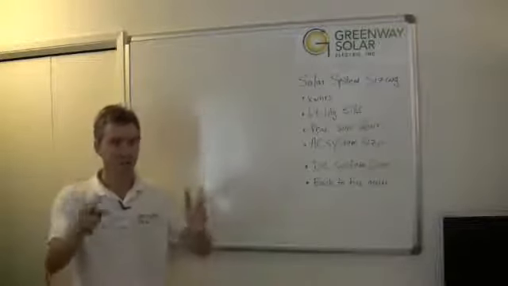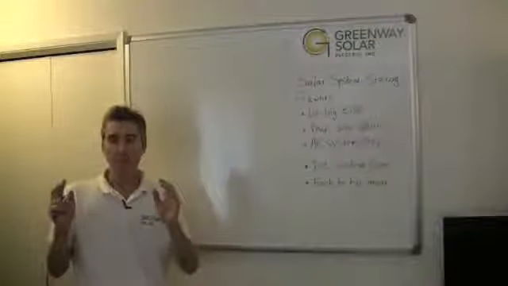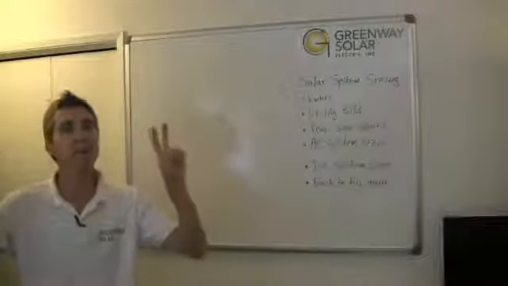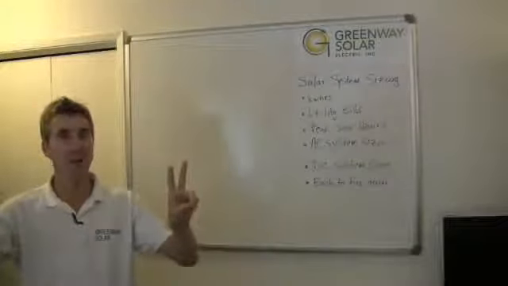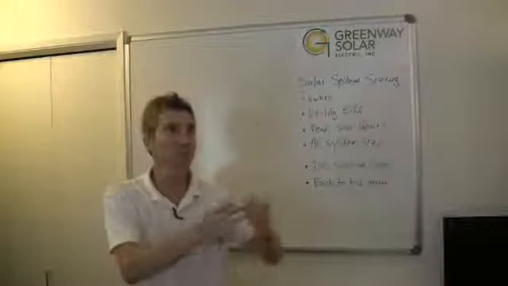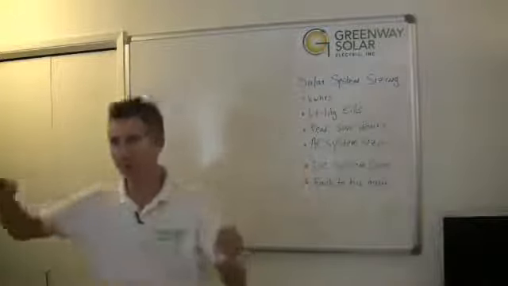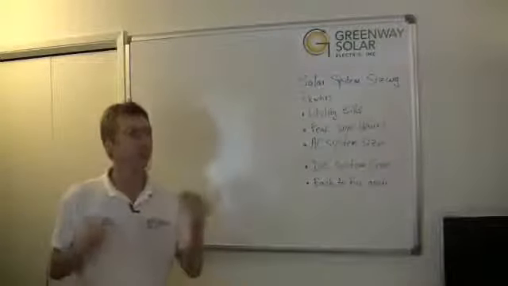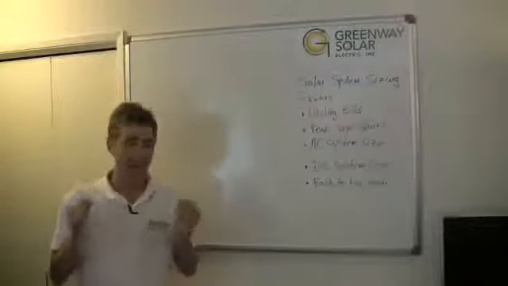So, I'll cut to the chase on this. In the coastal area, you get about 5 peak sun hours a day for production of power. Now, a solar system, you're going to be producing early in the morning and late in the afternoon, like in the summer. But on average, you get about 5 peak sun hours a day.